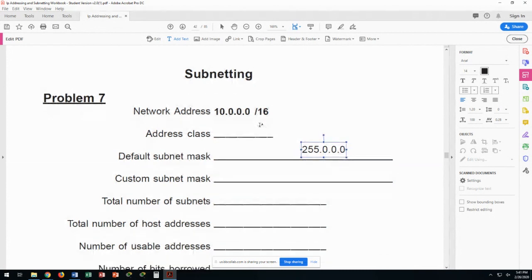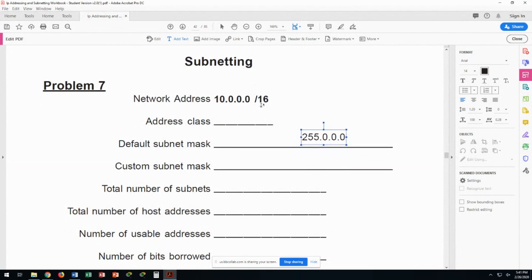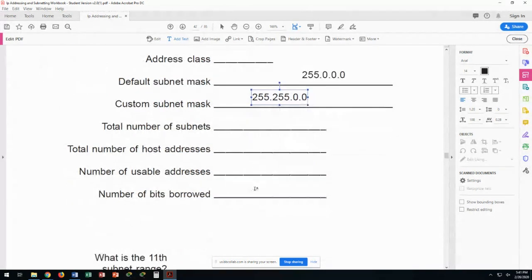So we're saying we want a network with 16 bits. They're telling you, I want a 255.255.0.0 network. So how many bits did we borrow? 8. We had 8 originally, so we borrowed 8.